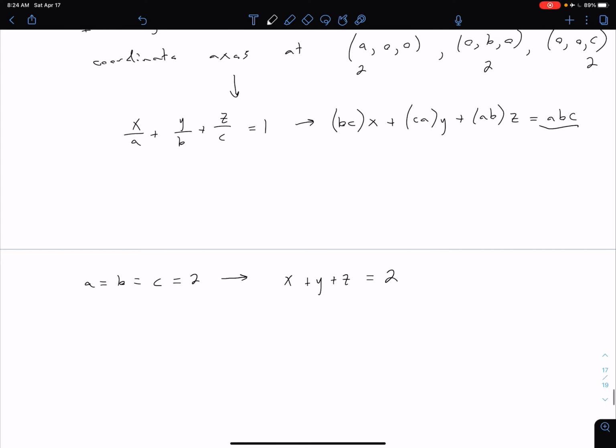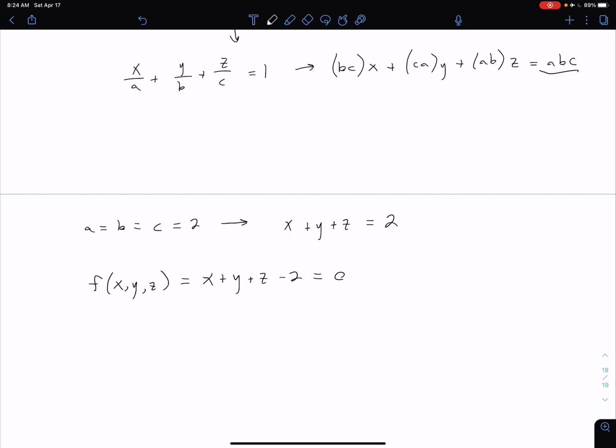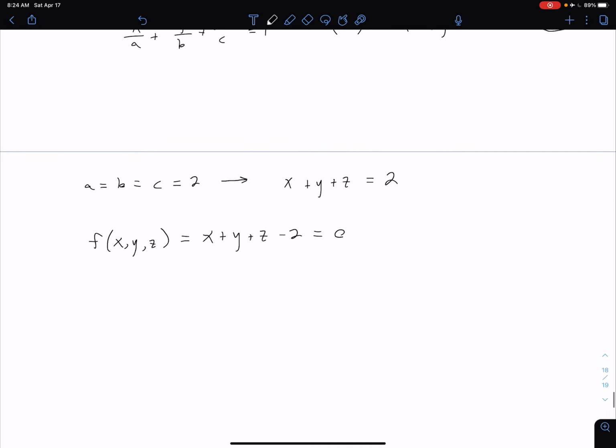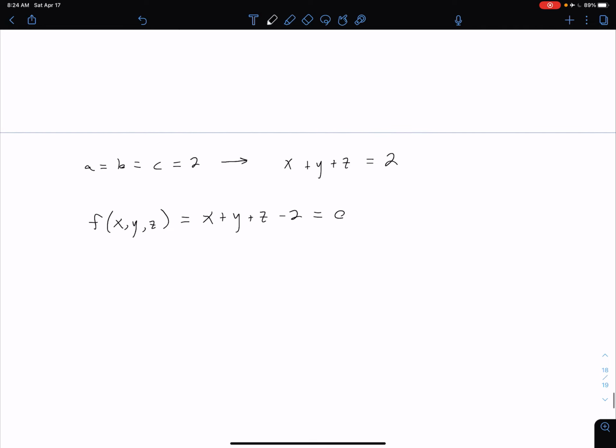So what we can say then is, if we're interested in some point x, y, z, we just move the 2 to the other side. So we have x plus y plus z minus 2 is equal to 0. So we can define some point like that. Now, if we're interested in a perpendicular vector, we can take the gradient.